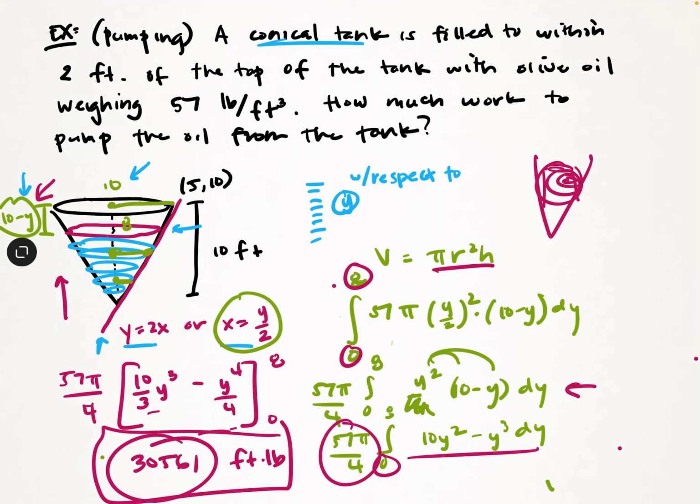So we have this y over 2 from our line that represents the outside of our cone. We're going to use that because it's in terms of y. We also said the height was 10 minus y from the beginning. So this represents our volume. We also had to add in this 57 because the 57 is the amount of pounds we have to pump per cubic foot.